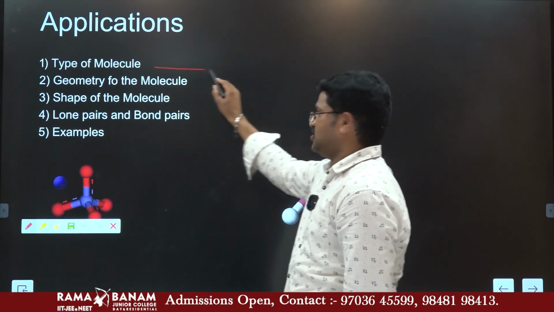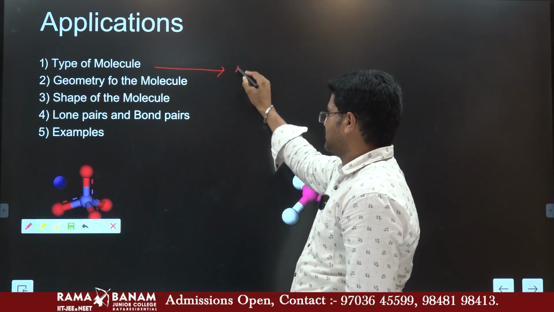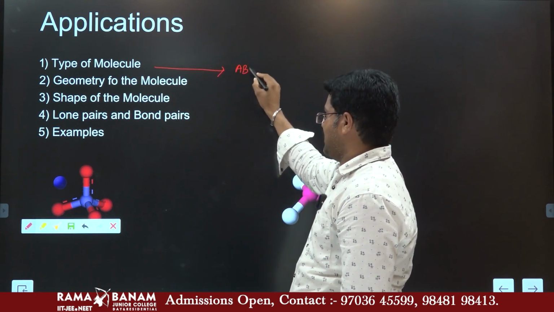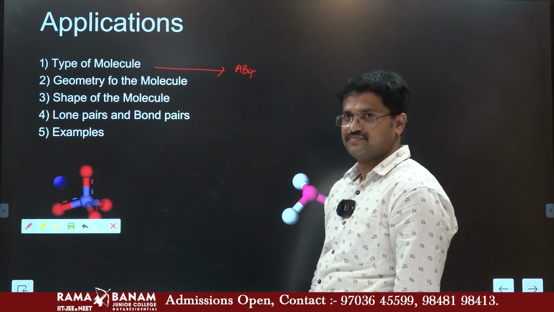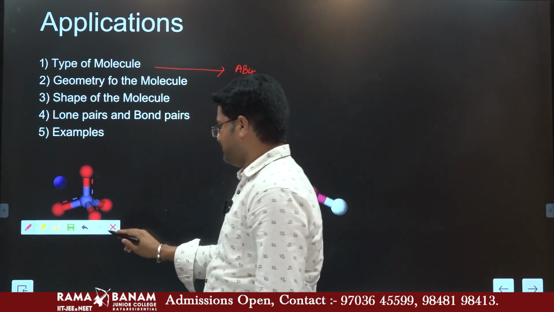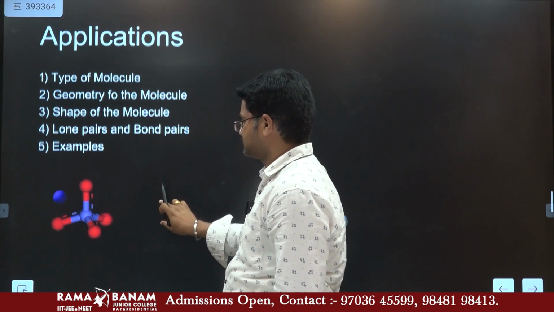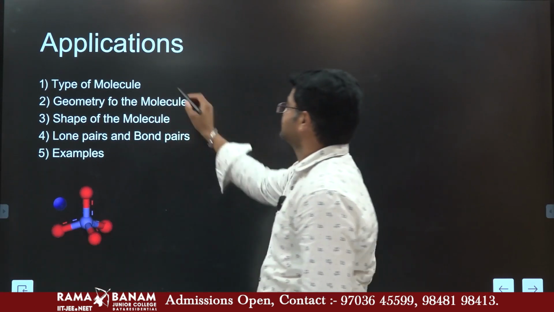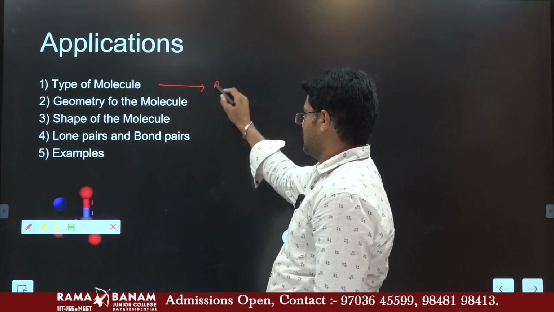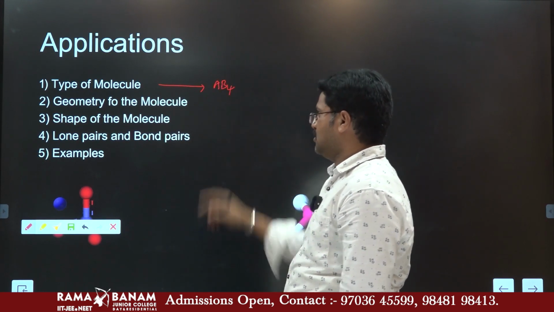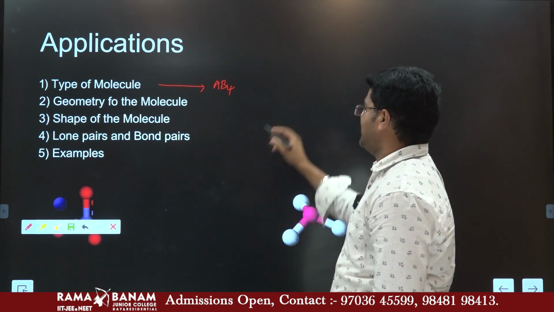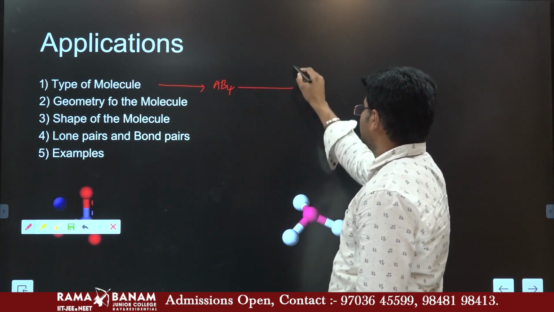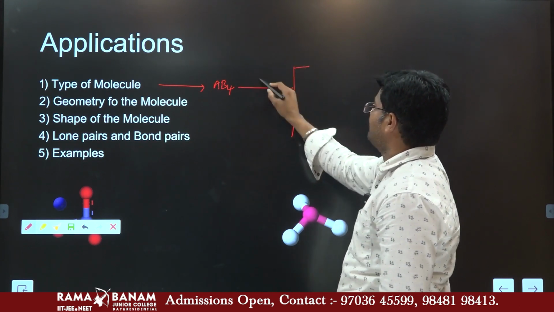Next type of molecule is AB4 type. Here there are 4 bond pairs, 4 electron pairs.